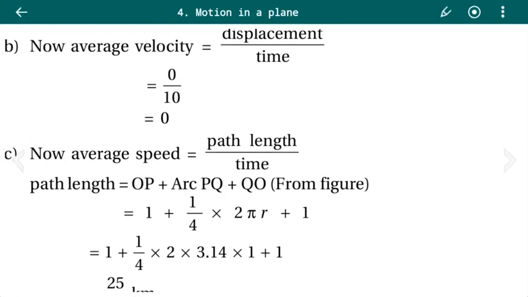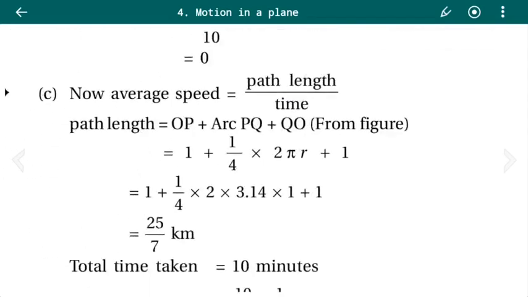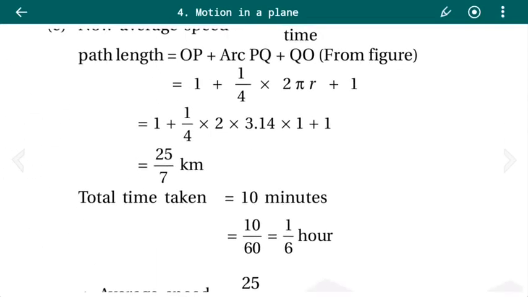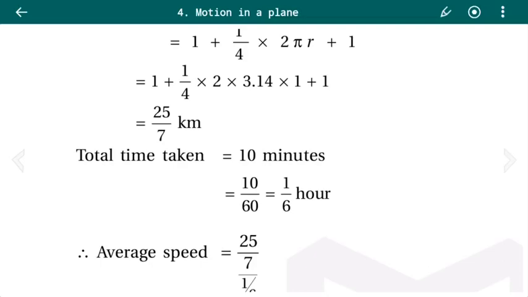That is, OP is the radius, 1 kilometer, plus arc PQ is 1/4 of the circumference, so it is 1/4 into 2 pi r, plus QO is again the radius which is 1. So 1 plus 1/4 into 2 into 3.14 into 1 plus 1. The value we get is 25/7 kilometer.